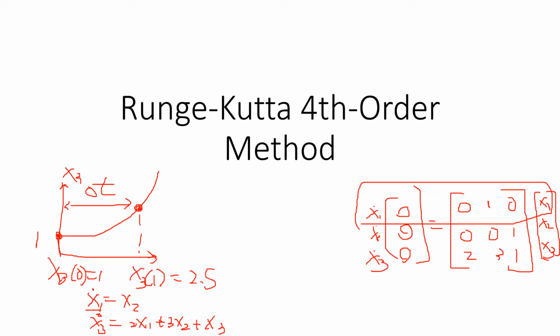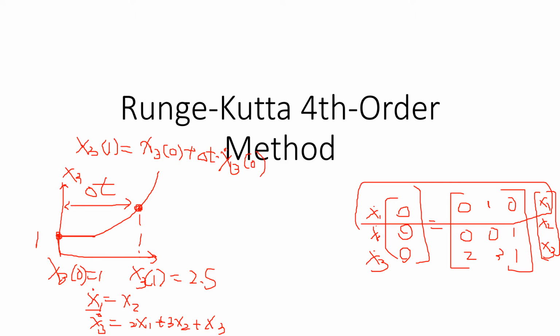Basically, the simple method is what we call the Euler method. We can use x3 at 1 equal to x3 at 0 plus delta t multiplied by the slope x3 dot at 0.